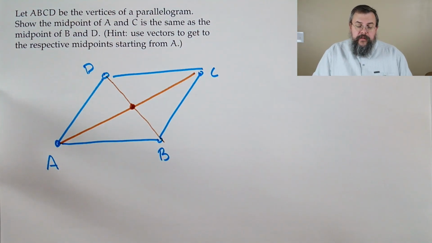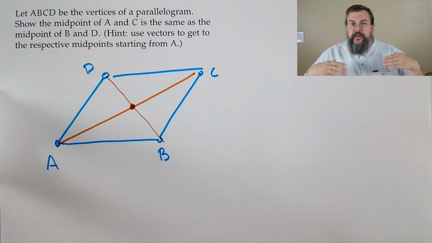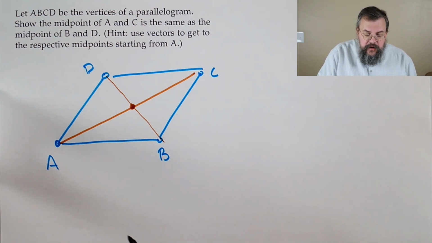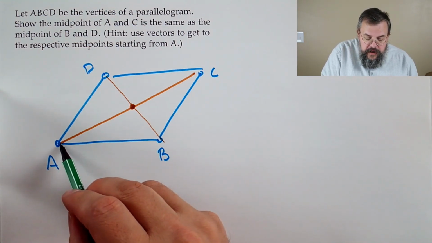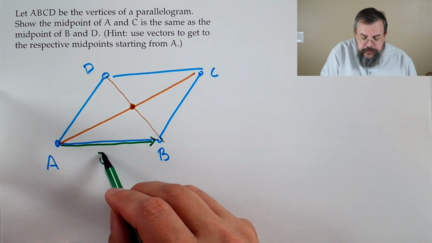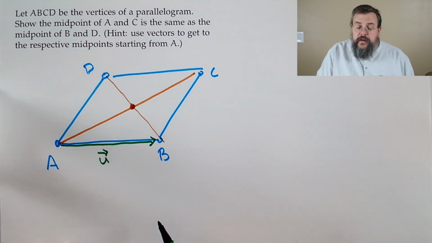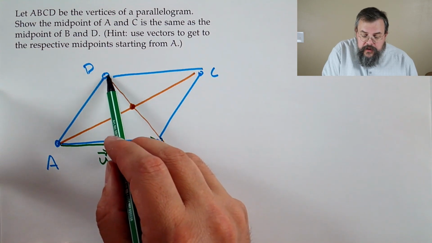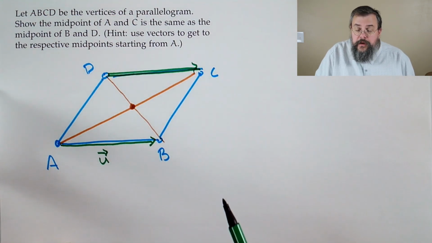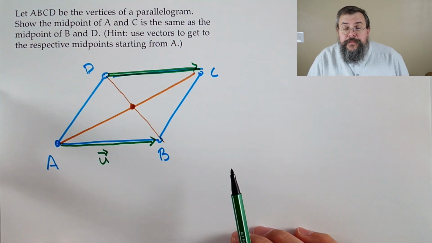Why do the midpoints have to be the same? Well, we start by saying, let's think about things in terms of vectors. So let's call the vector from A to B, just for shorthand, U. Now, what about this vector up here that goes from D over to C? What should that be?